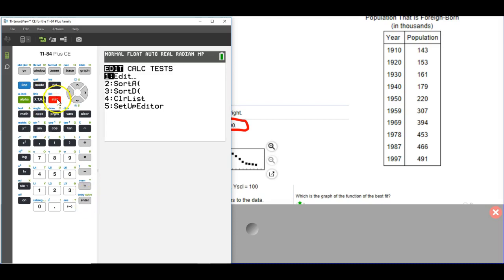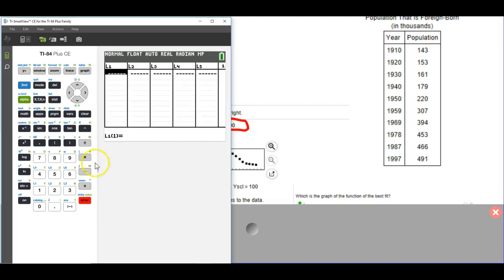The other thing to remember, after you hit Stat and choose number 1, Edit, if you have old numbers here, you can either delete, delete, delete, or you can go up to the title, press Clear, not delete, Clear, and then when you hit down, it will have wiped out whatever numbers were there. So up, clear, down. And you could do that in L1 also if you had numbers.